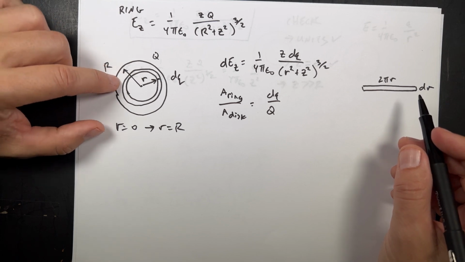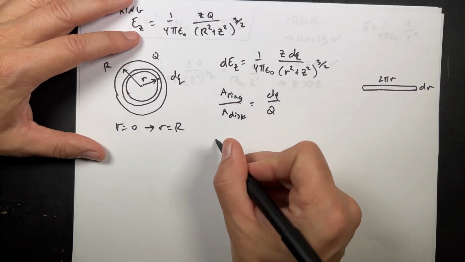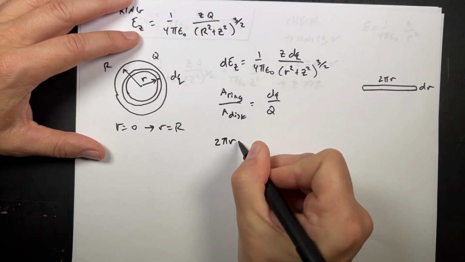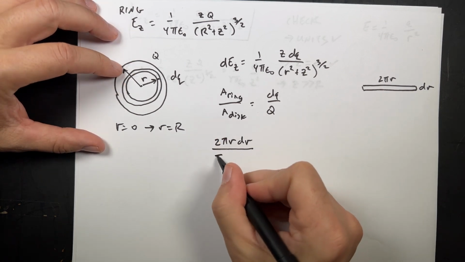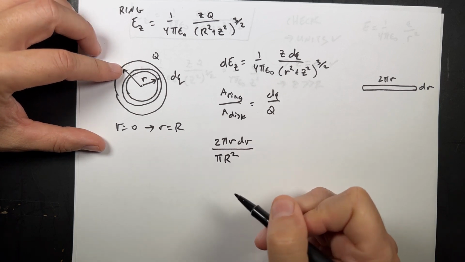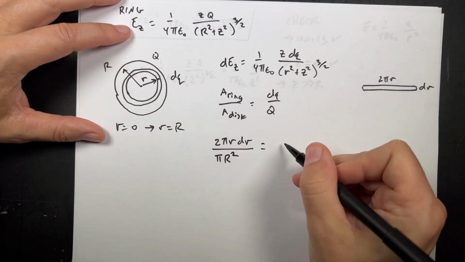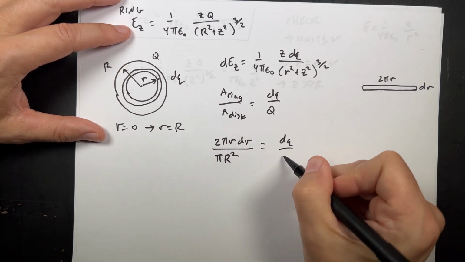The area of the whole disk is just a circle. So I get 2 pi r dr, the area of the ring, divided by the area of the disk, pi capital R squared, and that's equal to dq over Q.